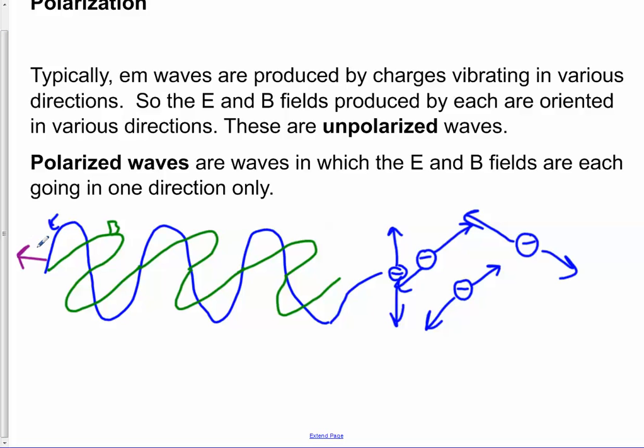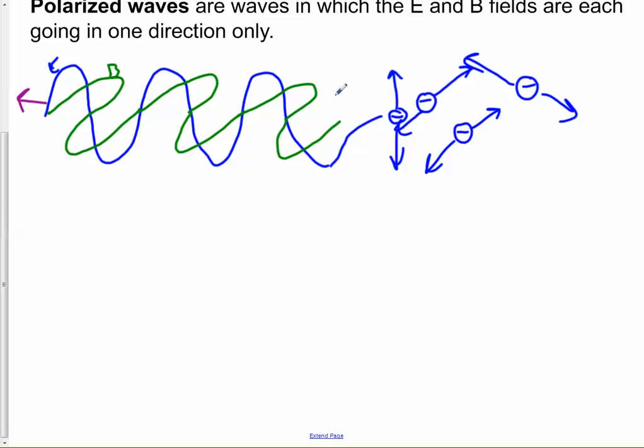All right, different picture. Let me redraw this. Imagine that you're looking head on into the wave that's coming at you. So you might see one wave. So this is the E field going up and down, coming at you. Of course, the B field then is going left, right, but I won't draw that, okay?